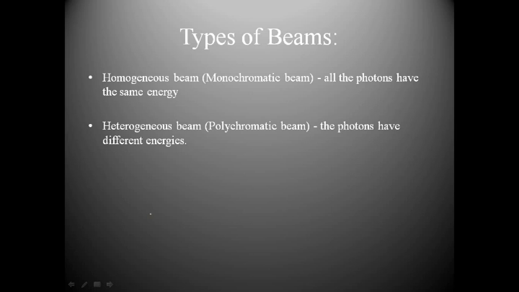A homogeneous or monochromatic beam means that all photons have the same energy. A heterogeneous or polychromatic beam means that the photons have different energies. We want the homogeneous beam, because if everything has equal values, it's a lot easier to calculate the attenuation factors.